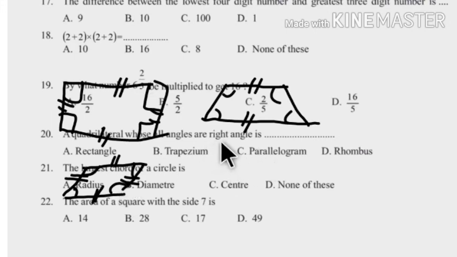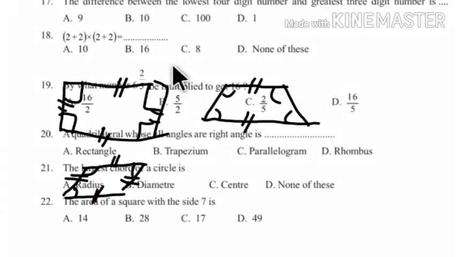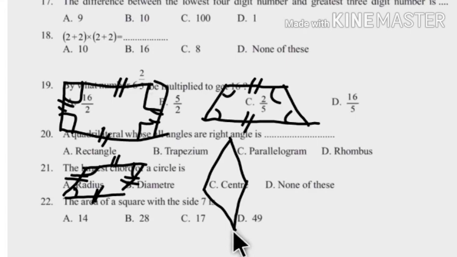Okay, now in the case of a rhombus, this is a rhombus. Here the opposite sides are equal. All the sides are actually equal and opposite sides are parallel. Actually, a rhombus is a tilted version of a square.